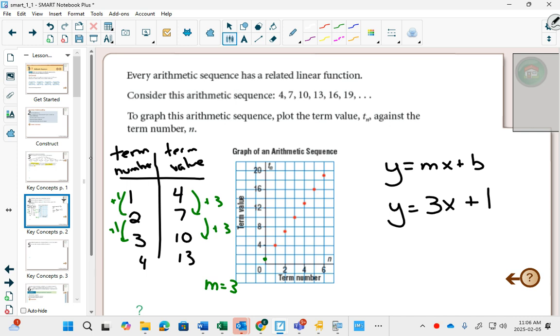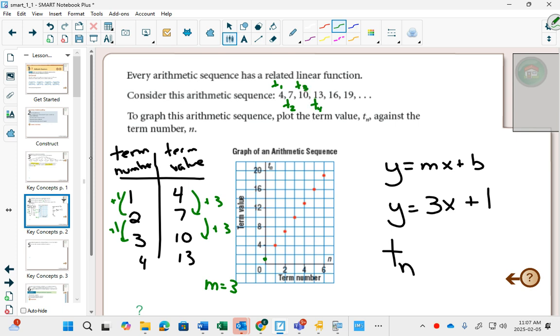So instead of using y for the term value, we use term with a little n. It could be term 1 is 4, term 2 is 7, term 3 is 10, term 4 is 13.